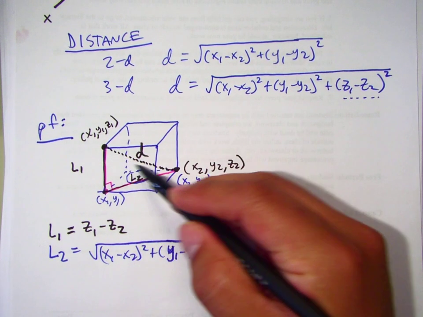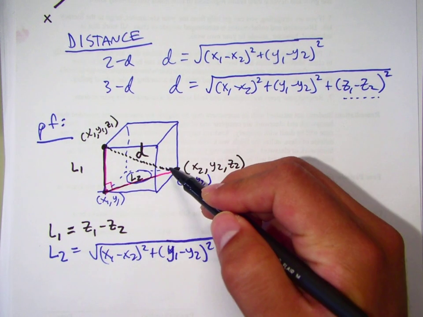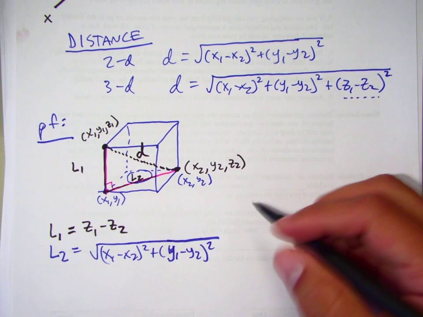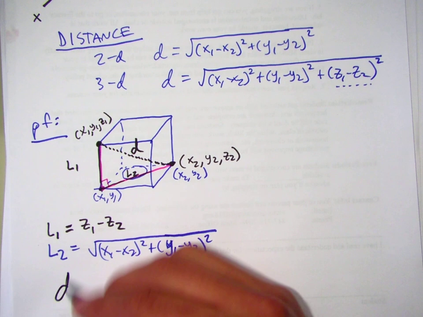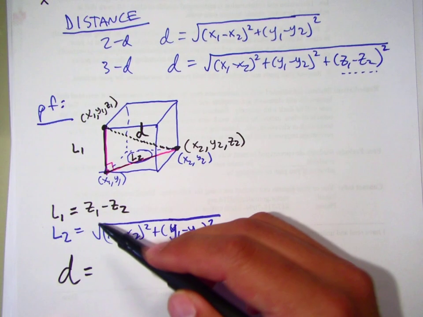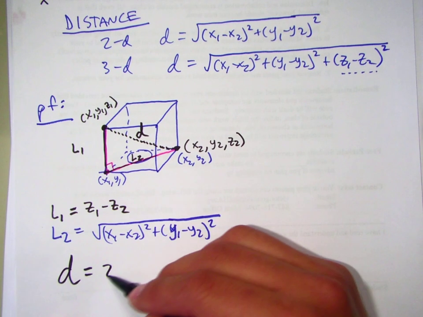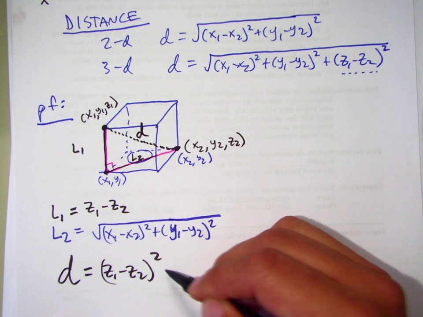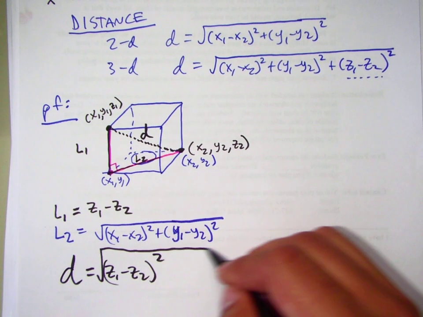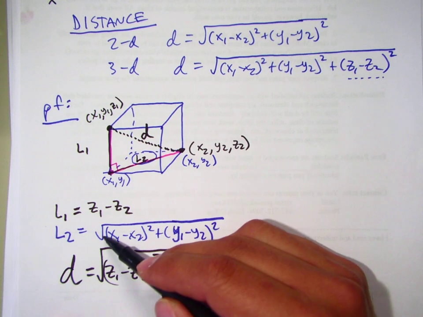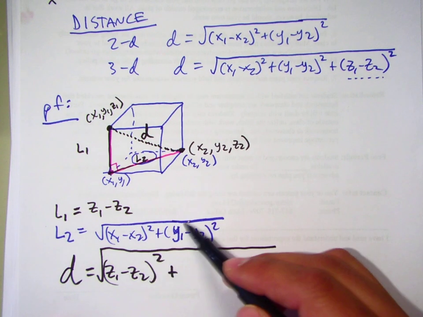And so now let's label this d. This is the distance that we're trying to find, that top left to bottom right diagonal. Then you could say that distance should be leg 1 squared. Well, leg 1 squared is z1 minus z2 squared. And this will be all in a square root. Plus, and now this leg, L2, well, that's just going to be this radical squared.